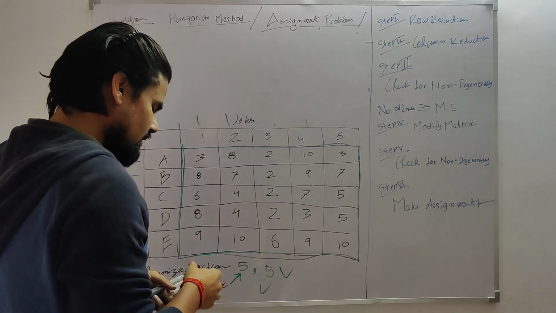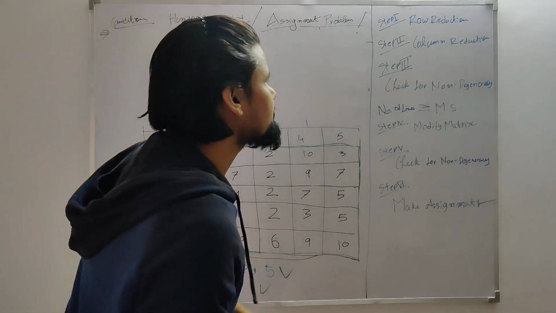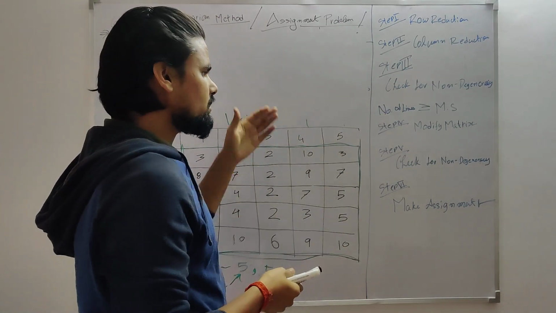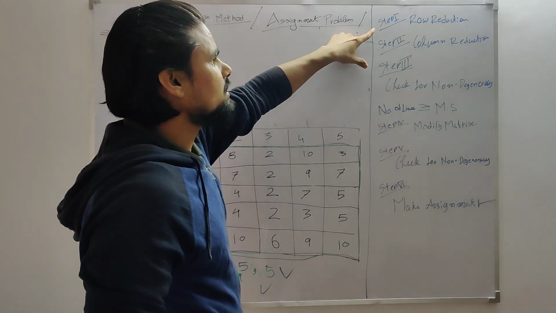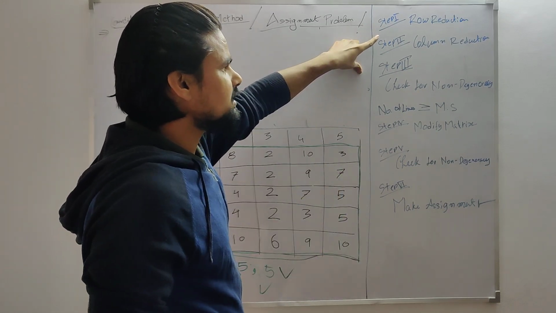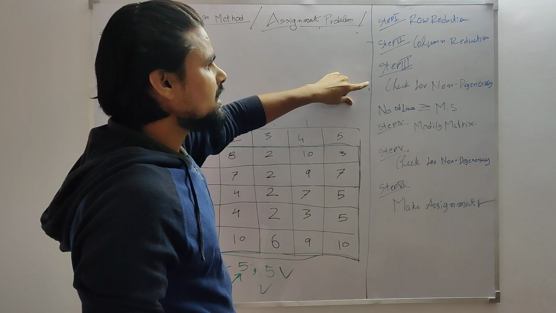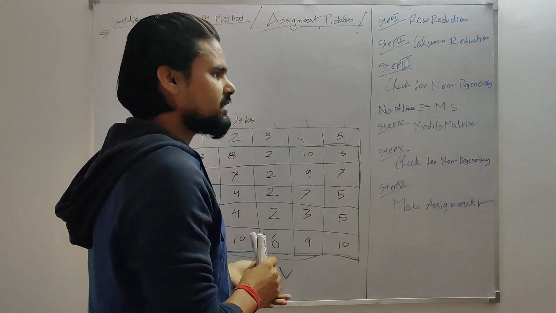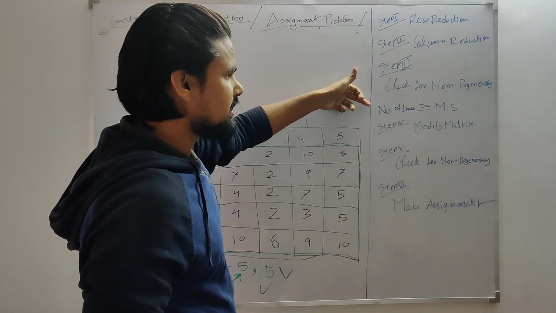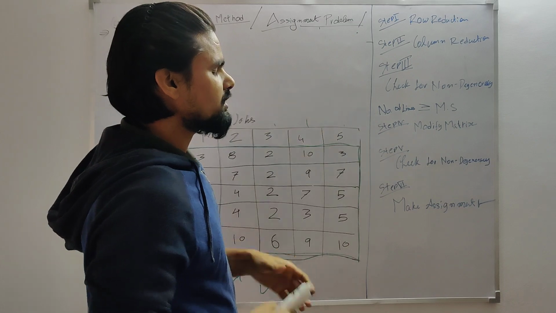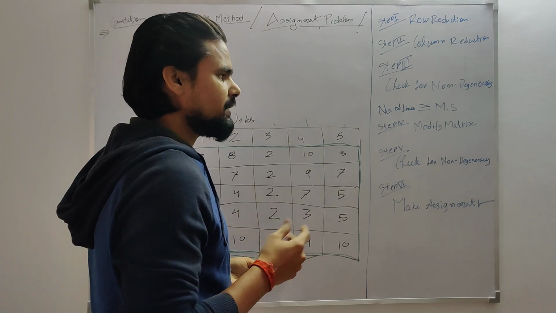Okay, so now we are going to look at how to solve this problem. Now we will see the steps we are going to follow to solve this question. First is row reduction, then column reduction, then third is to check non-degeneracy, which I will explain in detail. Then step 4 is to modify the matrix.